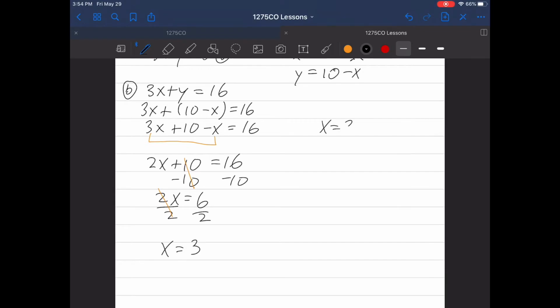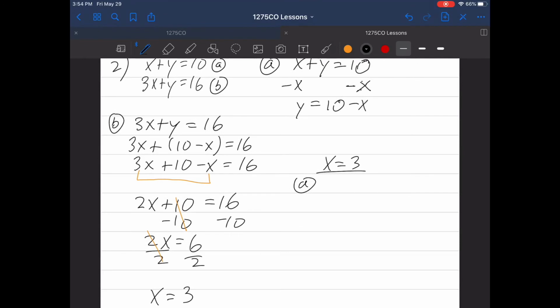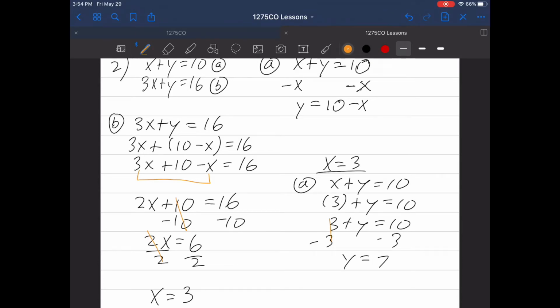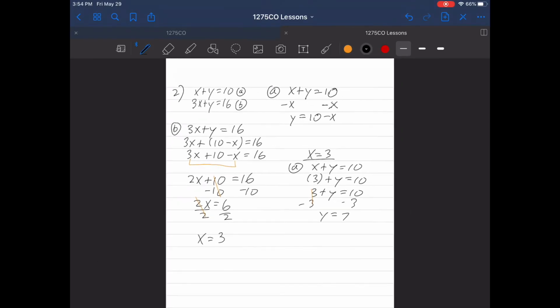So if x is equal to 3, equation A can be rewritten, and instead of x plus y equals 10, we could write equation A as 3 plus y equals 10, because we know that x is equal to 3 already. And that means solving for y is as simple as subtracting 3 from both sides. So y is equal to 7.